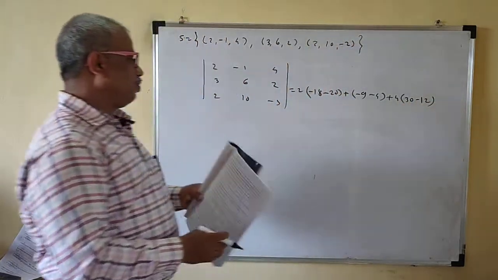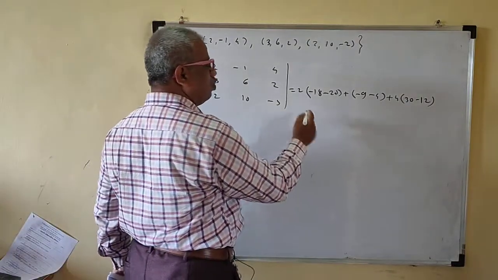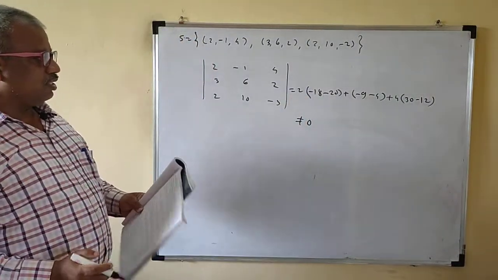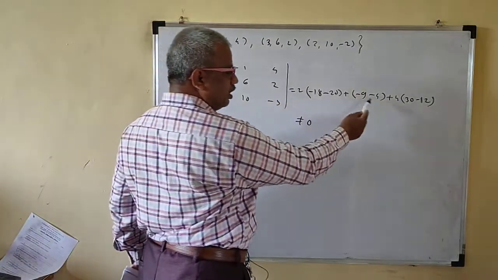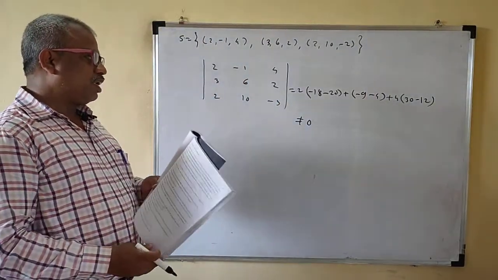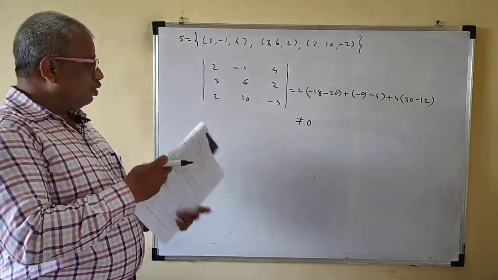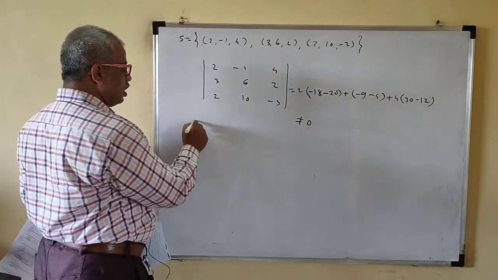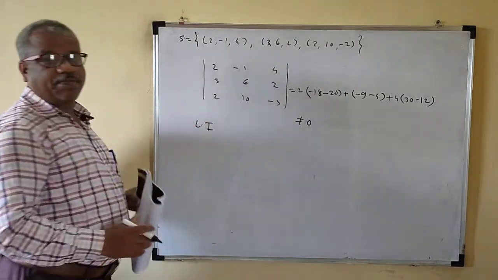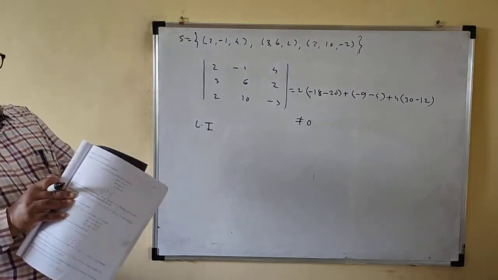Now you see that it is not equal to 0. No need to do the calculation, because this is minus, this is also minus, and that is a very small quantity. So the determinant is not 0. If the determinant is not 0, then the vectors are linearly independent.